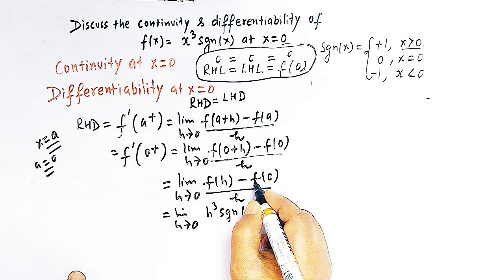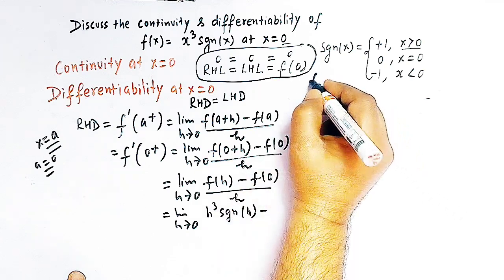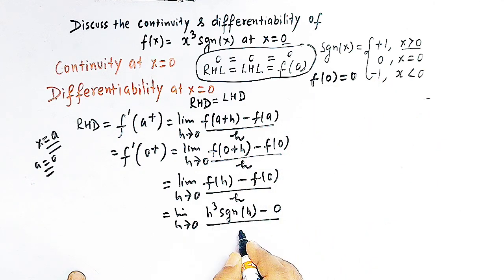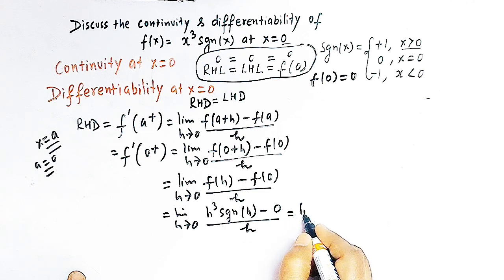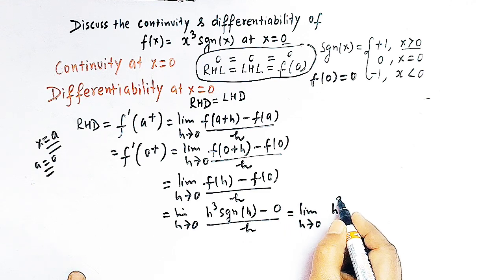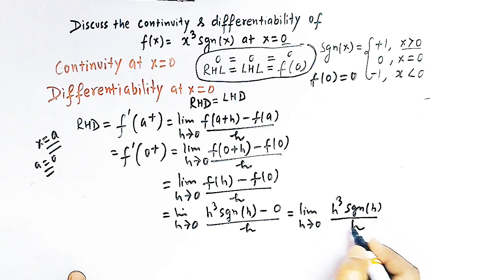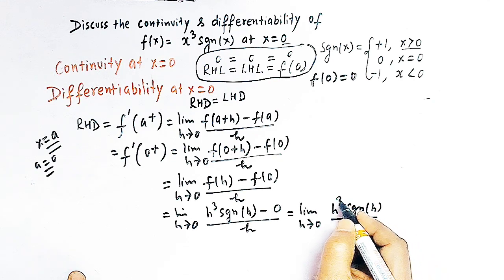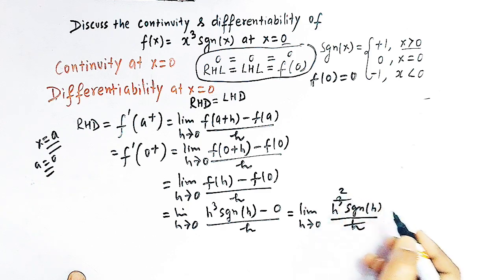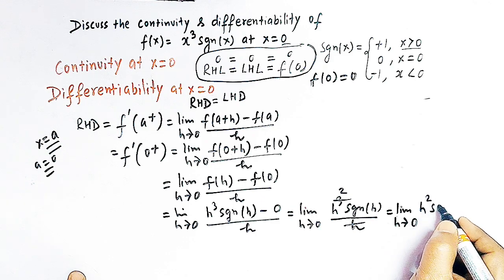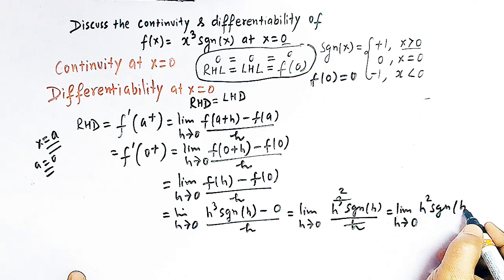Here f of 0, as we have just calculated, is equal to 0. So now we can simplify it: we have h cube signum of h divided by h, and this h and this h get cancelled, and we have limit h tends to 0, h square times signum of h.